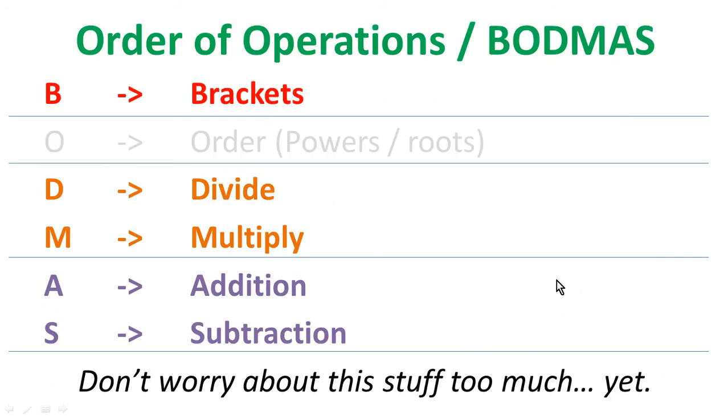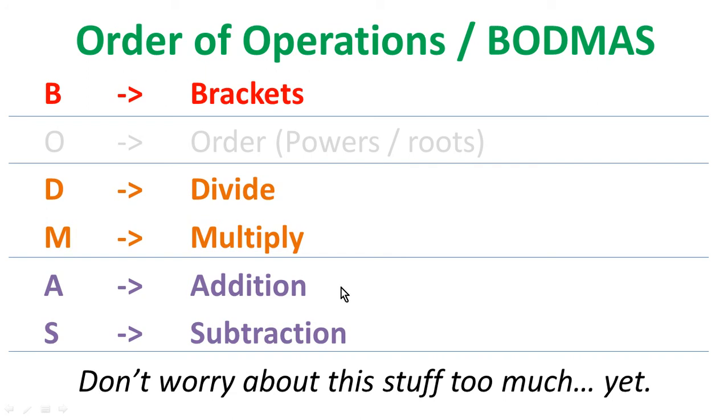Another thing that you need to be aware of, but don't worry too much about it just yet, is something called order of operations. We also often refer to this as BODMAS. Sometimes you'll hear it referred to as PEDMAS or BIDMAS, depending on which country you're reading something from.